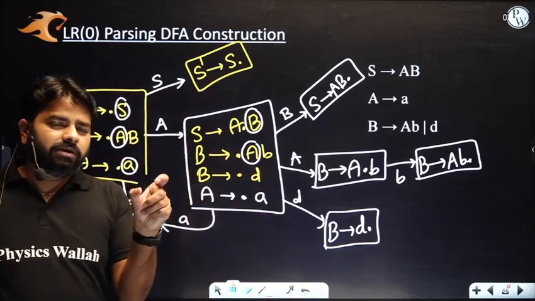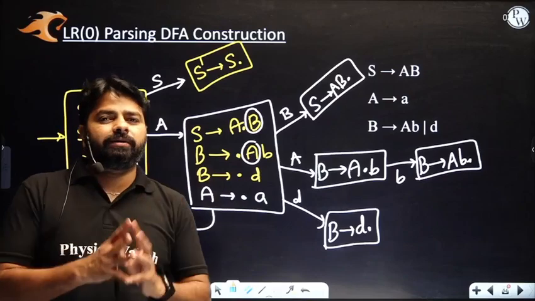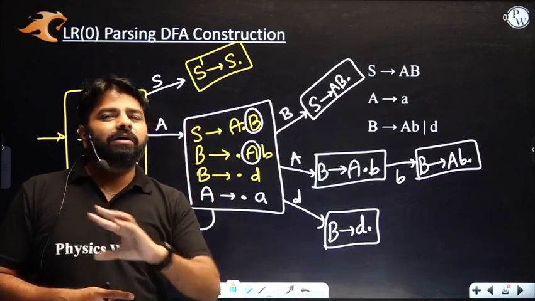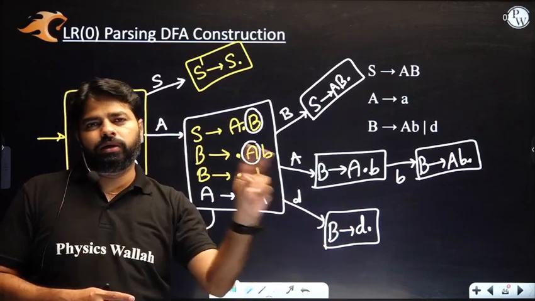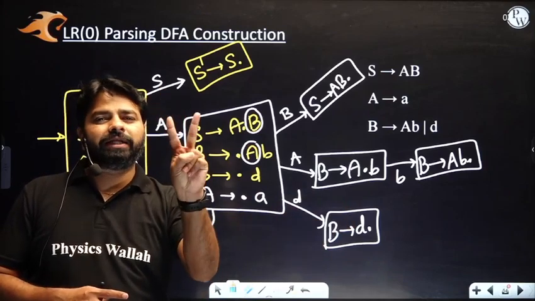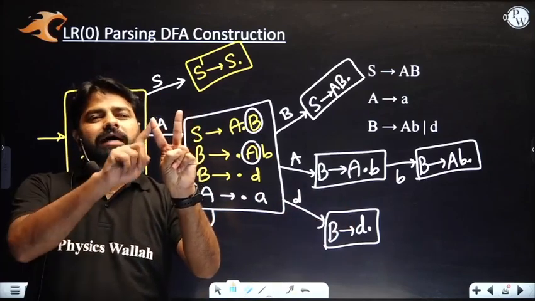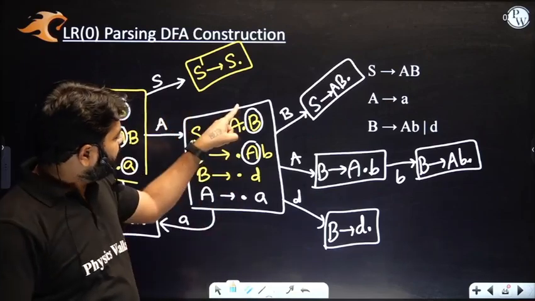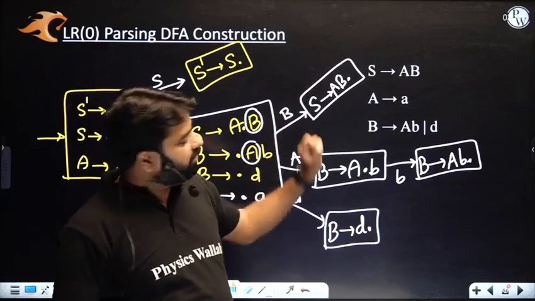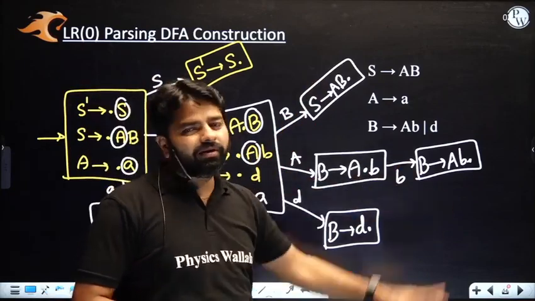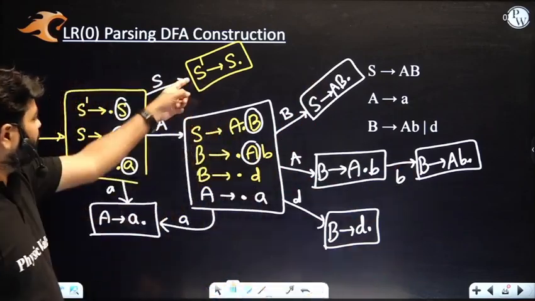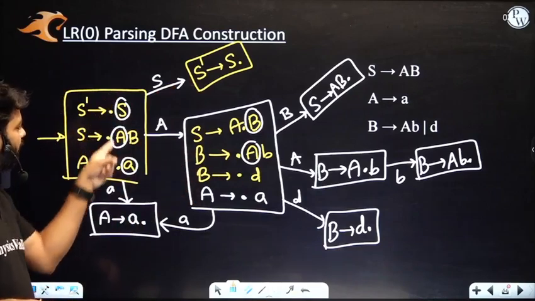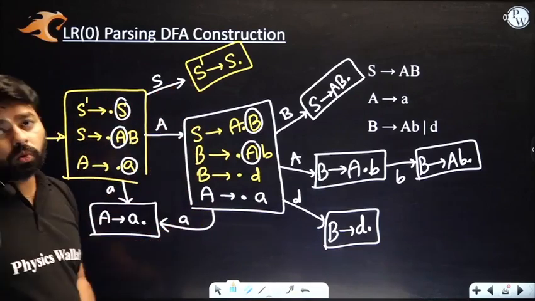If the state has only one item, doesn't matter which item, then there will be no conflict. To get a conflict, 2 items should be there, and those 2 items should definitely be RR or SR. Now here no reduced, only one, only one, only one, only one, no worries. Only one, no worries. So focus only on these 2, but no reduced, there is no conflict at all.